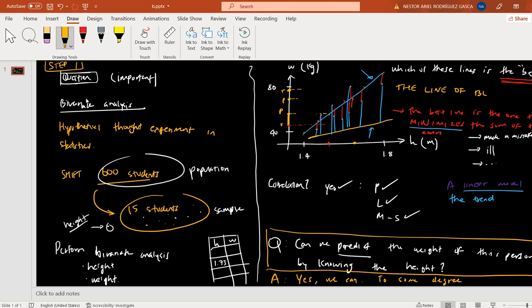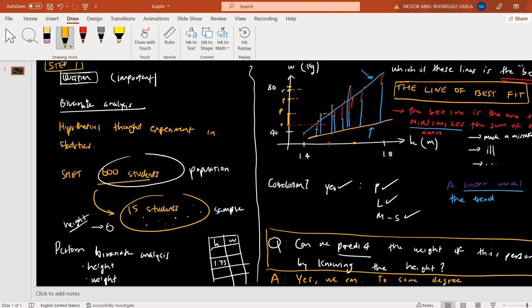That's what I want to give you at the very end. This name, la línea del mejor ajuste, is the one that minimizes the sum of errors between the prediction and the real values of the weights in this particular example.